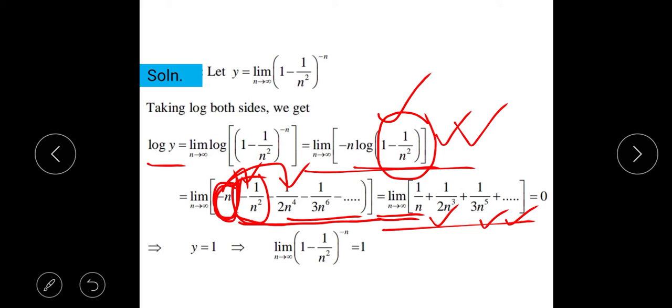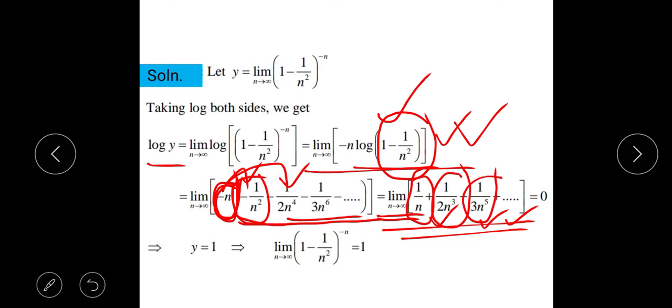This term tends to 0, this term tends to 0, and so on. Each and every term of the expression will tend to 0, because when n tends to infinity, the denominator tends to infinity, and clearly each term will tend to 0.